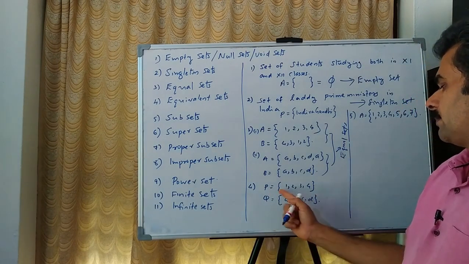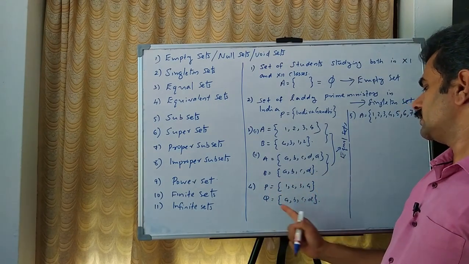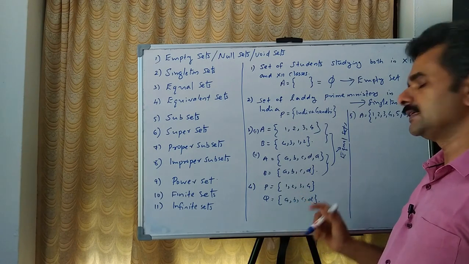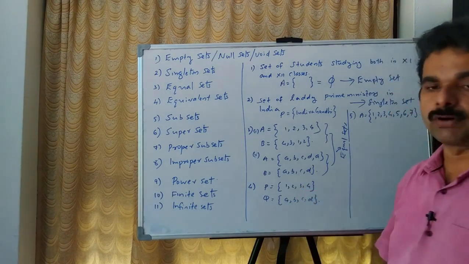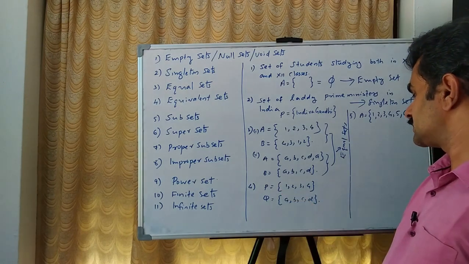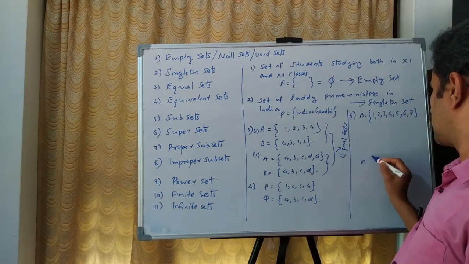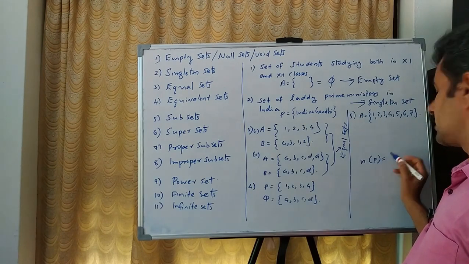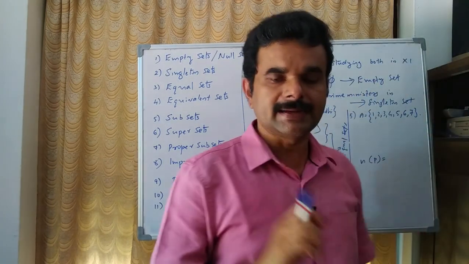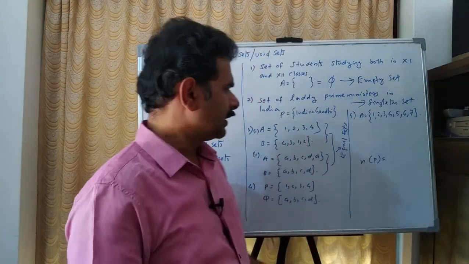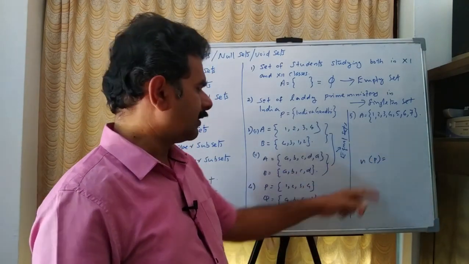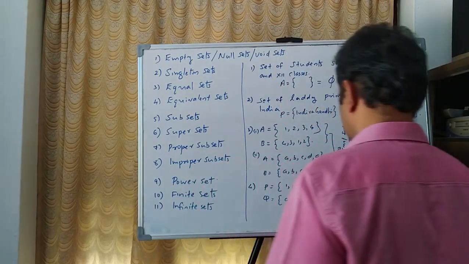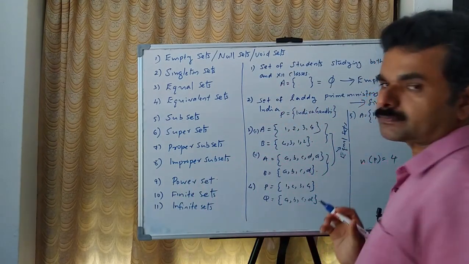Then the fourth one, P is equal to set 1, 2, 3, 4, Q is equal to set A, B, C, D. How many elements are here? 1, 2, 3, 4. 4 elements. So the number of elements in P, this is the common notation, is written as n of P. What is n of P? 4.